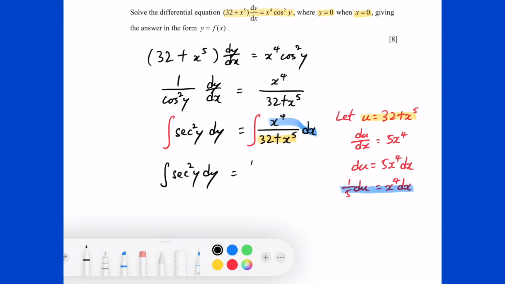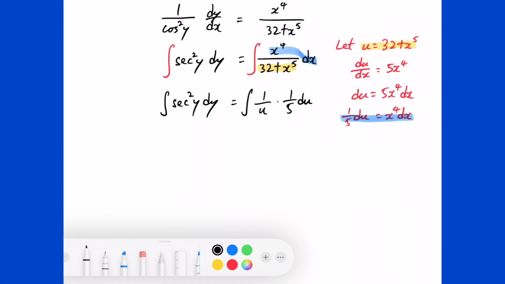So the right-hand side would become 1 over u times 1/5 and then du. Now we can see that both sides are ready for integration. For the left-hand side, it would become tan y. And for the right-hand side, 1/5 is the coefficient, and if we integrate 1/u, the result would become natural log u.